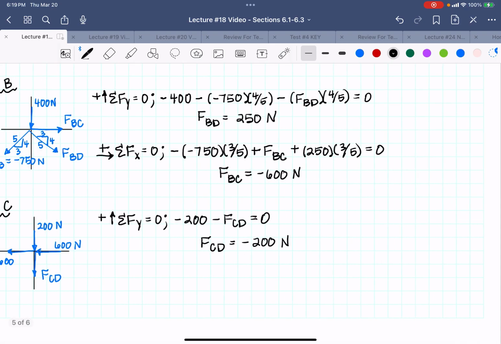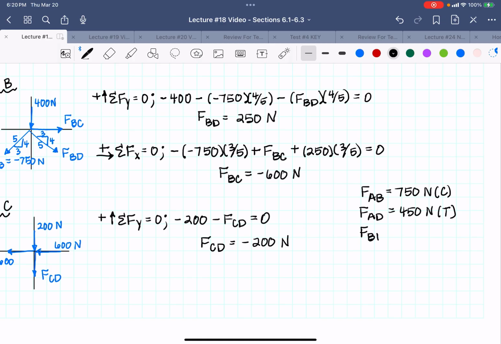So now that I have all of them, I'm going to write them out, and I'm going to list all of them so that I have them in one place so my teacher could find them really easily. All right, so I have FAB equals 750 newtons in compression. I have FAD equals 450 newtons in tension. Notice I don't need to do the reactions, the support reactions, because I wasn't asked to do that. I was only asked to do the members, so I'm not going to solve for them.